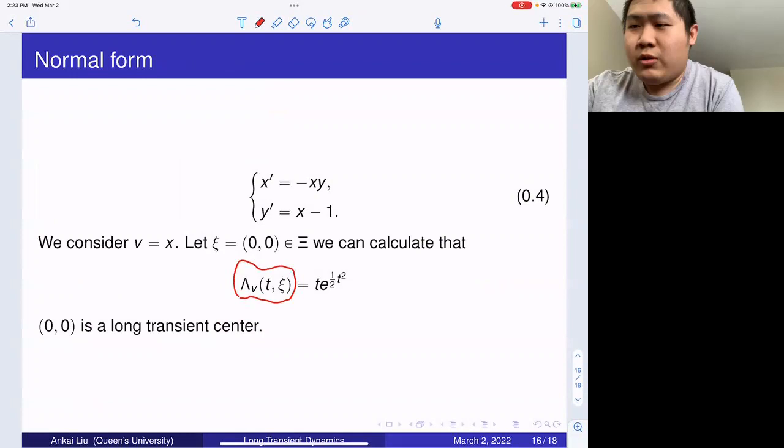And as t goes to infinity, this term goes to infinity. Meanwhile, we have shown previously that 0 is actually a V transient center. So basically what I'm trying to say is that this term going to infinity has a close relation with psi being a V transient center.